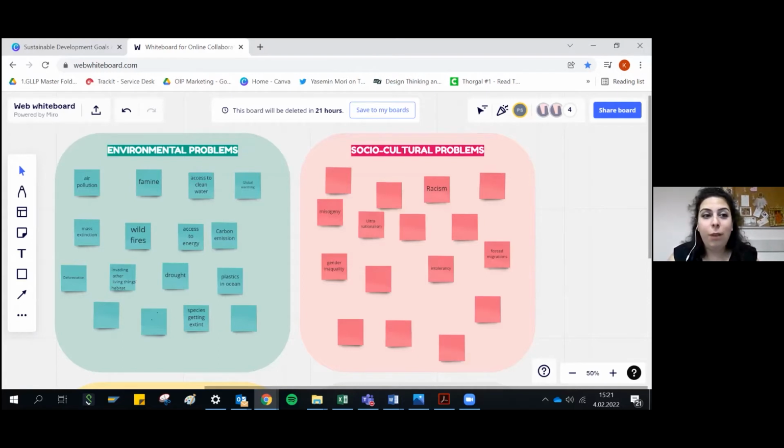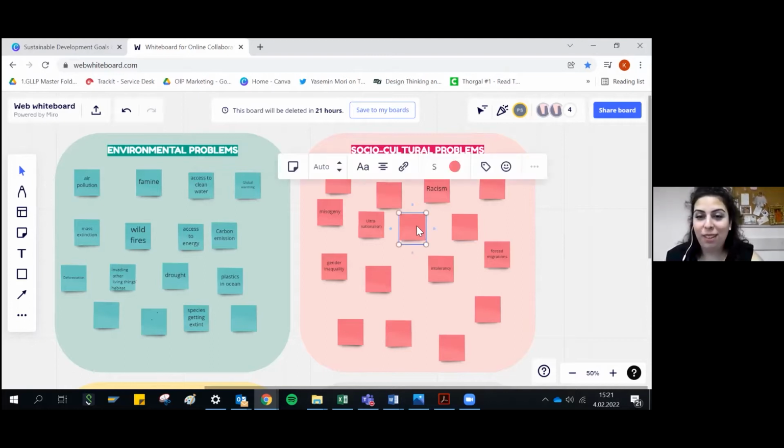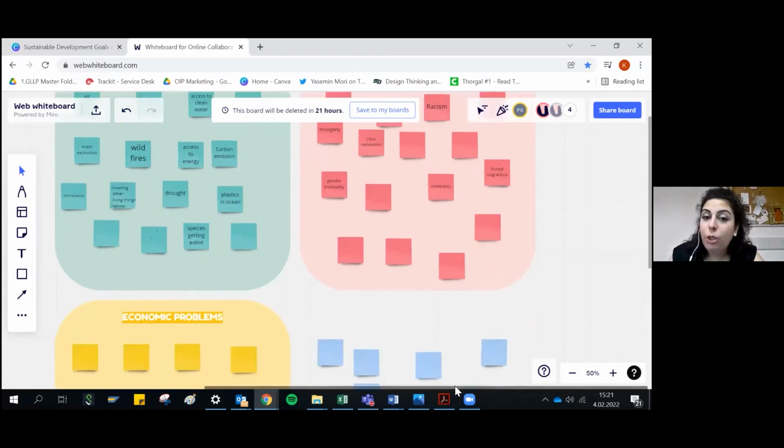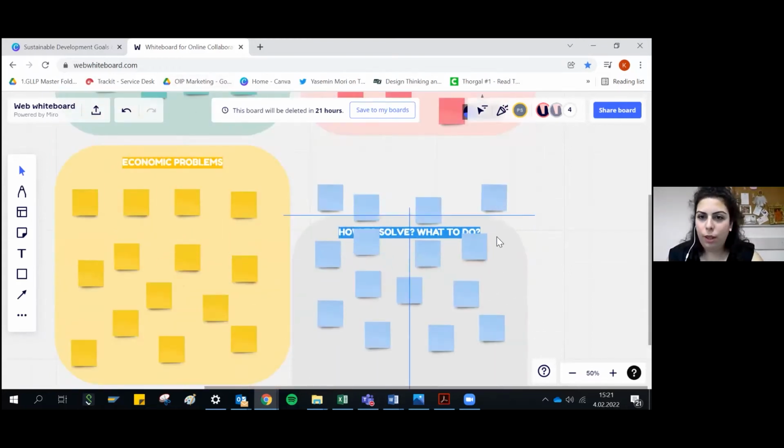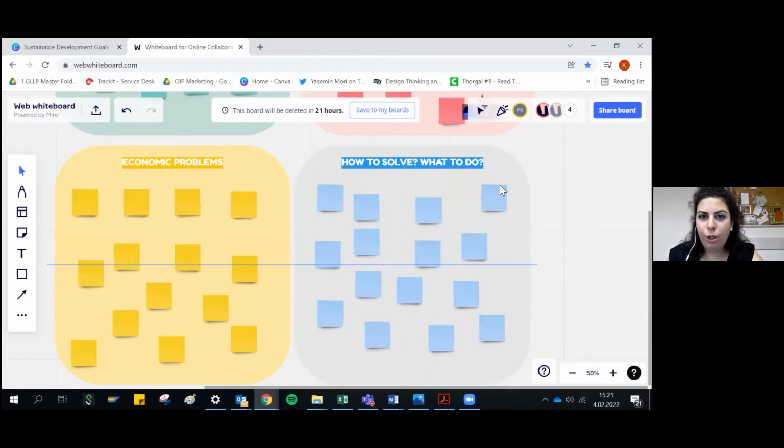Great. If you would like to, wage gap, yes, great one. Maybe we can write wage gap to the economical problems, which is also in relation to social cultural problems.